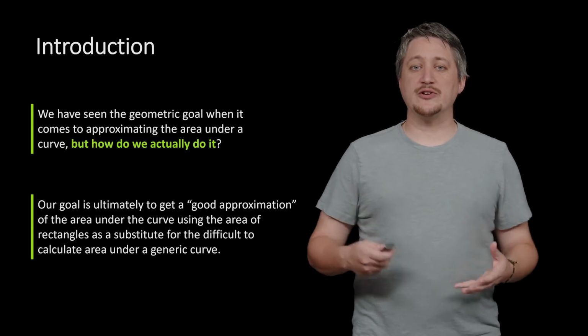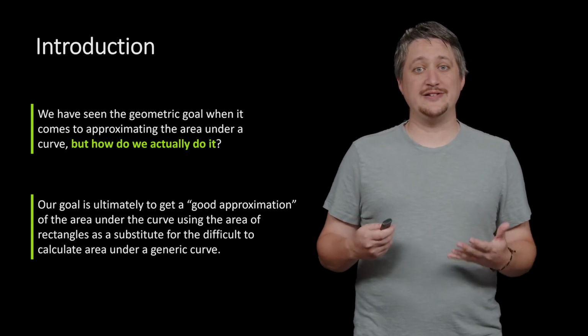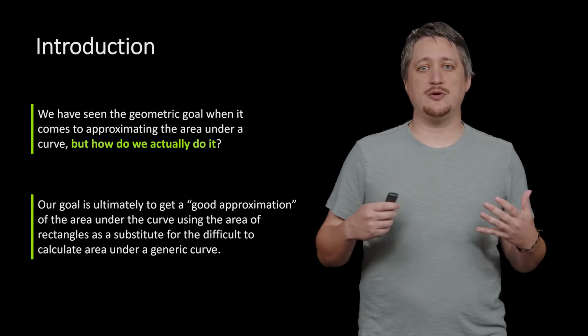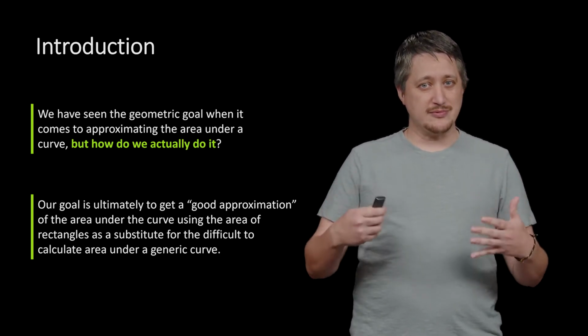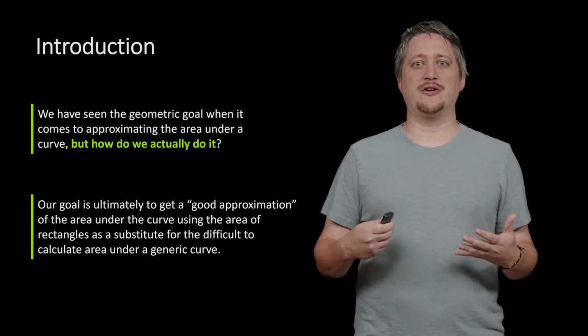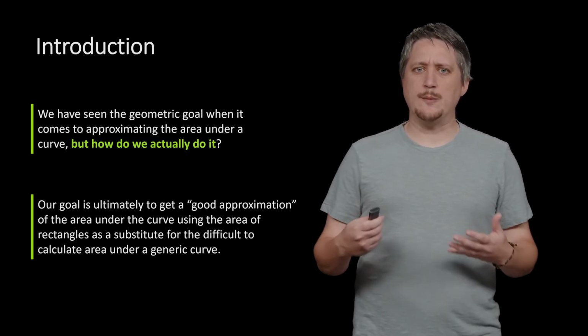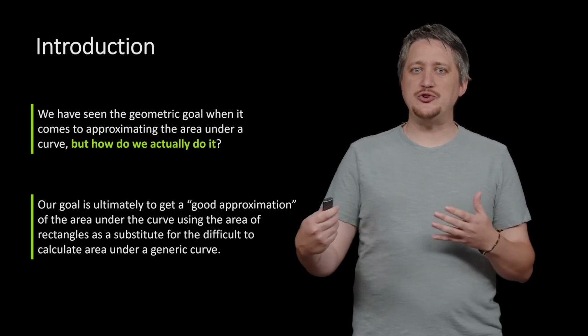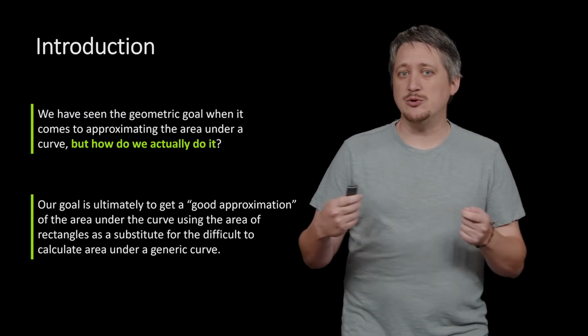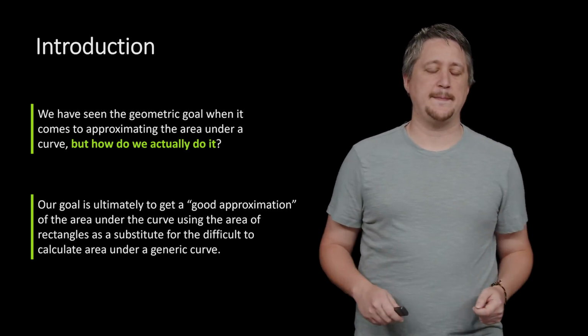So we're going to start with a concrete example and move through how we would literally compute exactly what our estimate would be, using a couple of ways of doing the rectangle method, depending on how we want to lay out the rectangles.